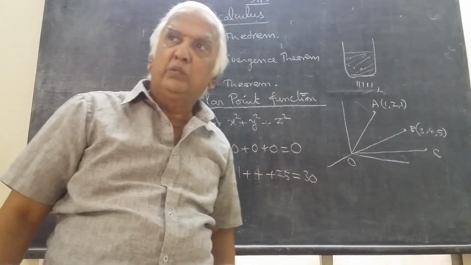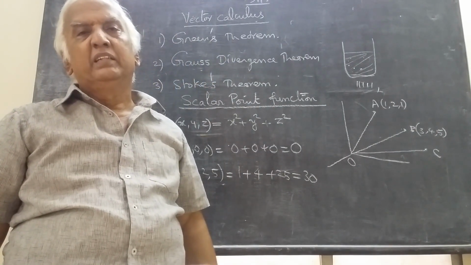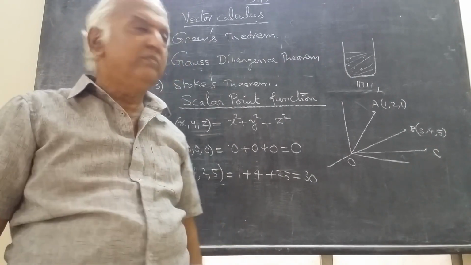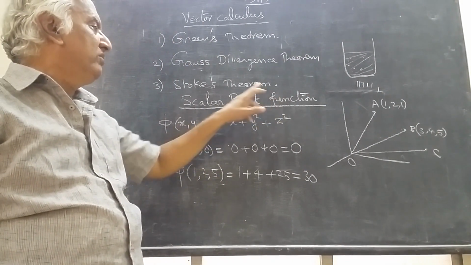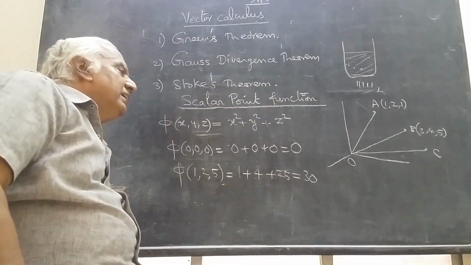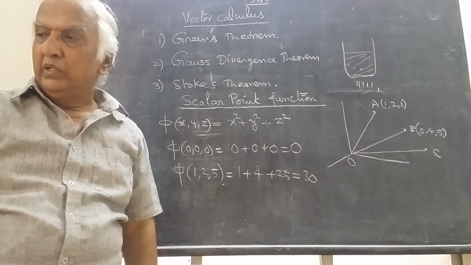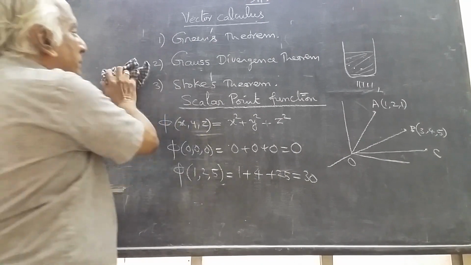It changes from point to point. Similarly, pressure is a scalar. Pressure changes from point to point. That is a scalar point function. So this function for every point gives you a scalar. Examples: distance from origin, temperature, pressure. These are all scalar point functions.